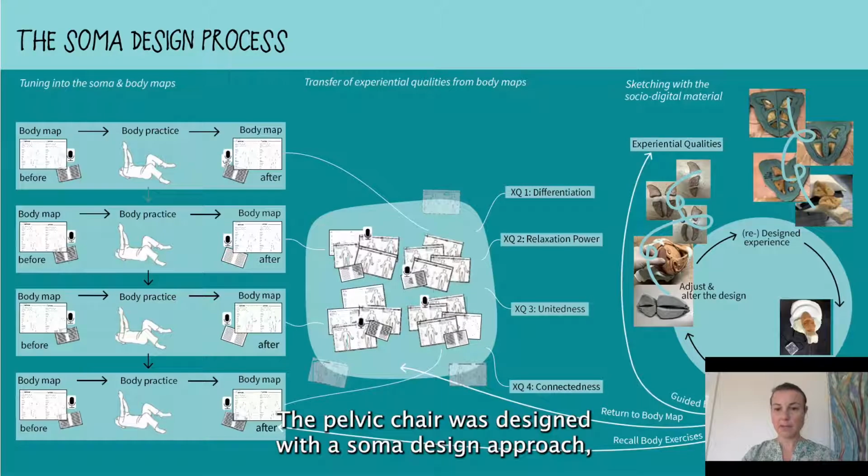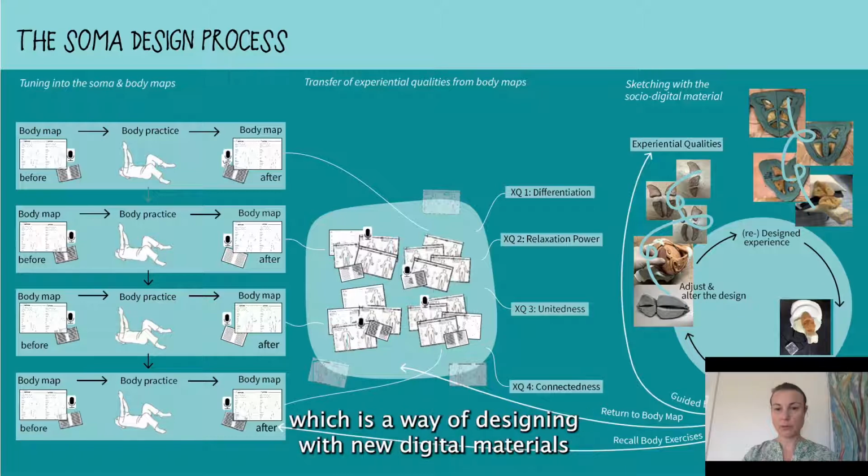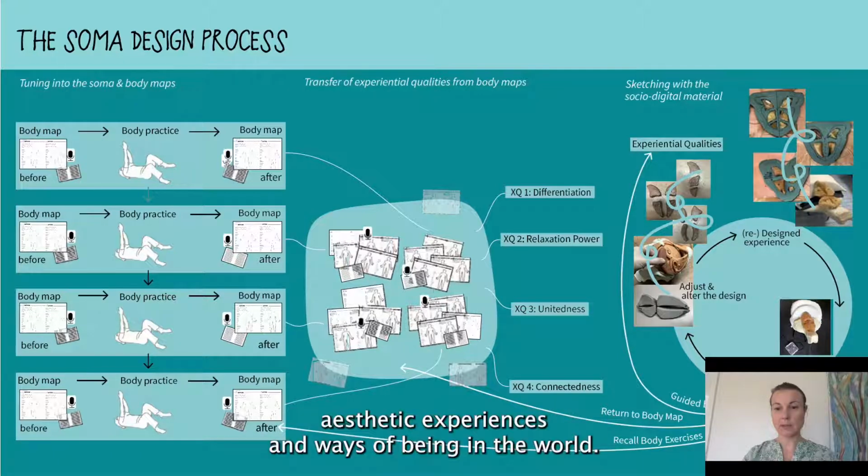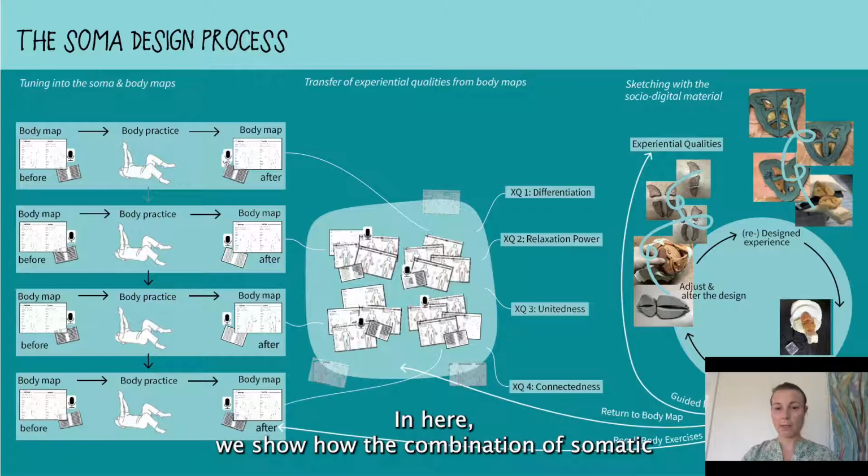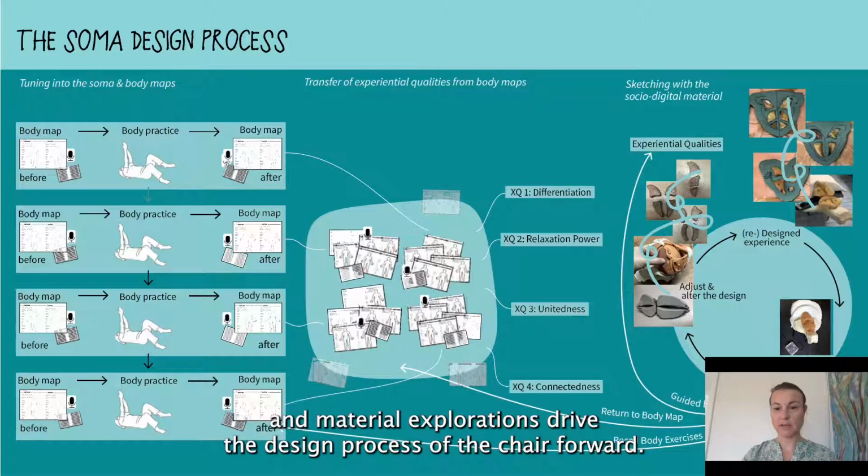The pelvic chair was designed with the Soma design approach, which is a way of designing with new digital materials that can then shape interactions that engage with users' aesthetic experiences and ways of being in the world. In here we show how a combination of somatic and material explorations drive the design process of the pelvic chair forward.